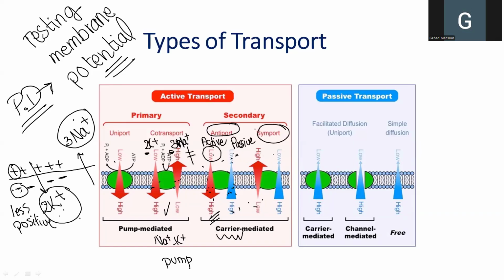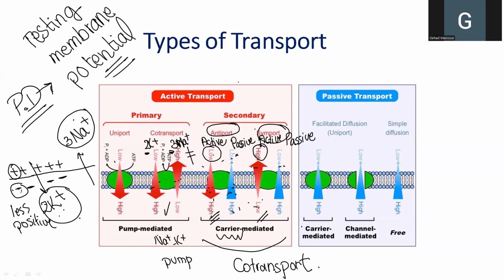In symports, the 2 particles are transported in the same direction, and one of them is transported from low to high, which is an active transport mechanism, and the other one is transported from high to low, which is a passive transport mechanism. This is again a co-transport. Both carrier-mediated ones are co-transports because they occur at the same time.